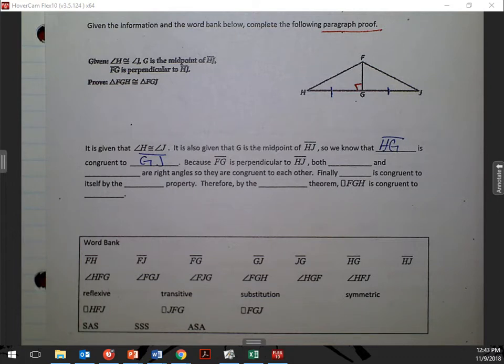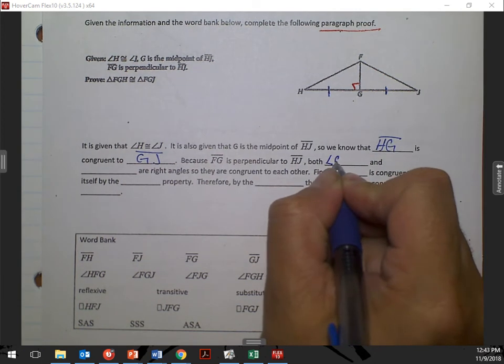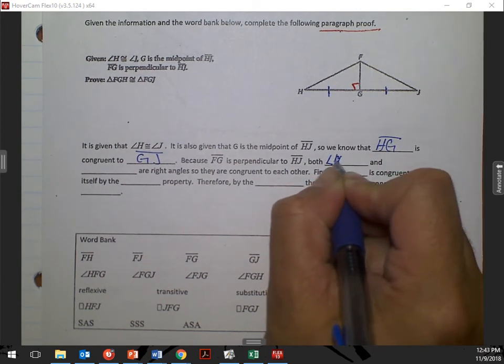Wait. FGH. What is it? HGF. H to G to F. Okay. Right? And then JGF. Yeah, I said it.